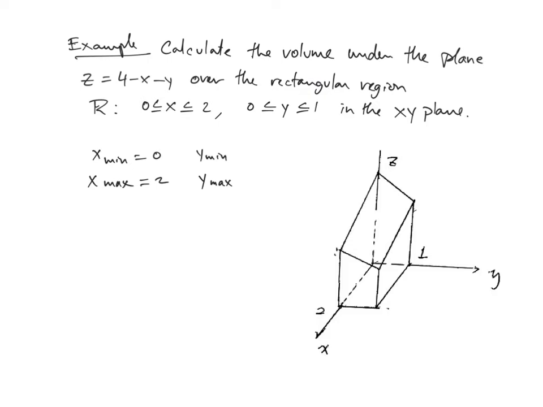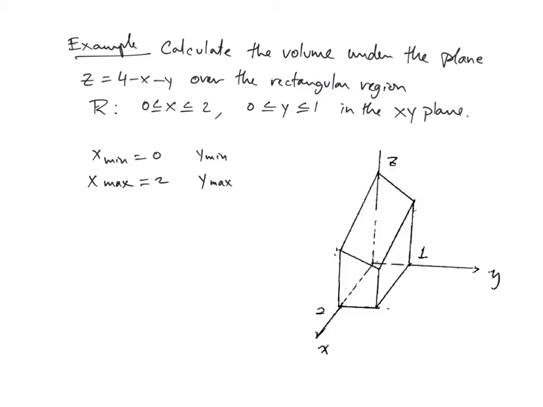When I'm integrating with respect to x, it doesn't matter if I use this value of y, or this value of y, or this value of y. As I pass through this region R at some particular y value, integrating in the x direction, x min is always 0 and x max is always 2.